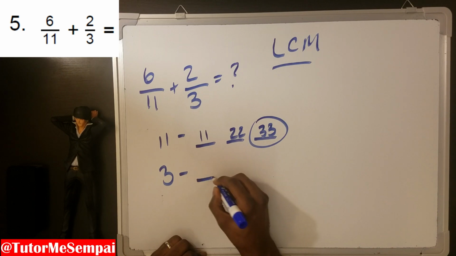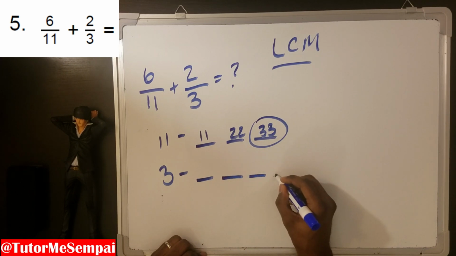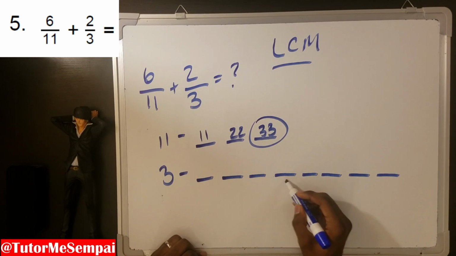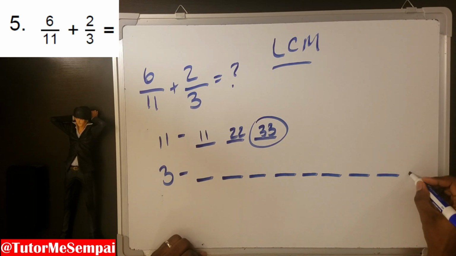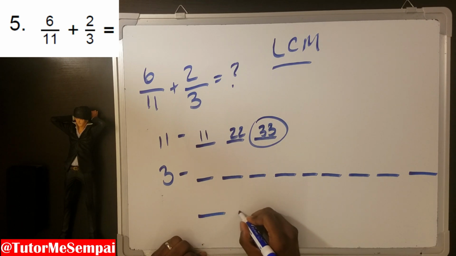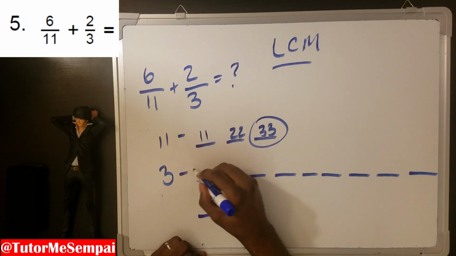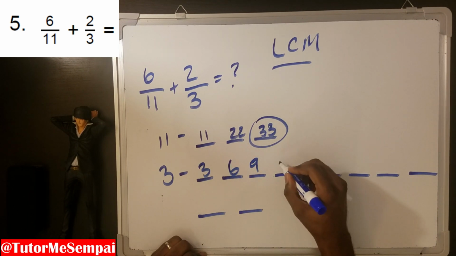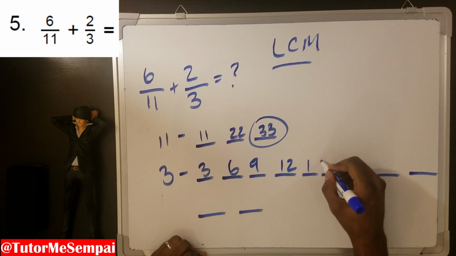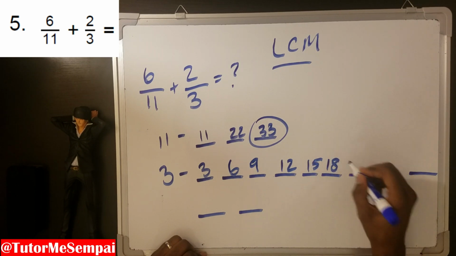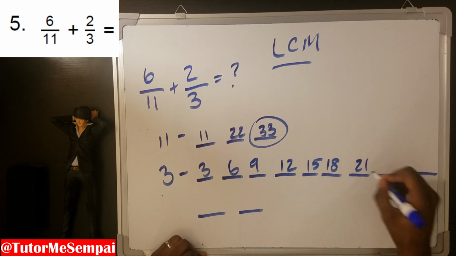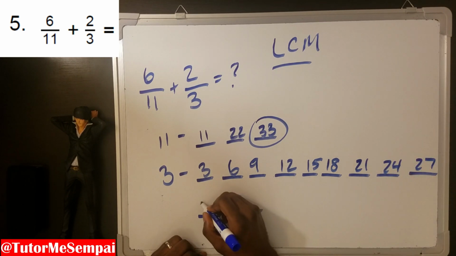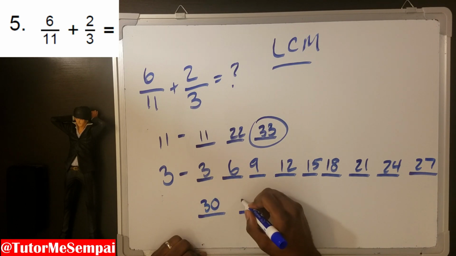So you can do the same thing for 3. If you have space, 1, 2, 3, 4, 5, 6, 7, 8, 9, 10, 11. So 3 times 1, 3 times 2, 3 times 3, 3 times 4, 3 times 5, 3 times 6, 3 times 7, 3 times 8, 3 times 9, 3 times 10, 3 times 11.